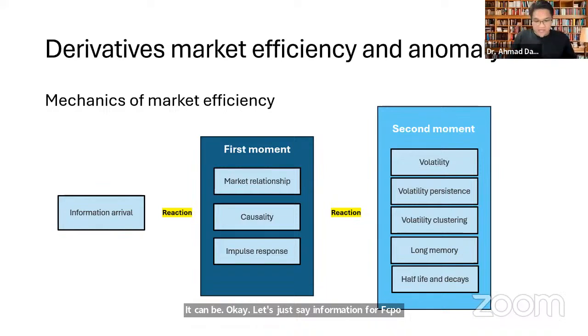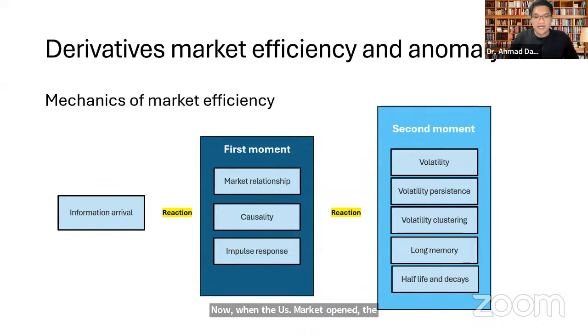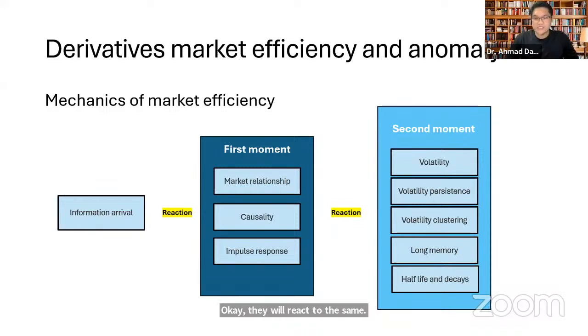Now, when the US market opens, the soybean oil traders, for example, will mirror, reacting to the same news that the FCPO traders already responded to. That's what we call market relationship. And last time, the very popular question the traders asked me, which is following which, means that in the case of crude palm oil futures and KLCI futures, who is actually leading who?